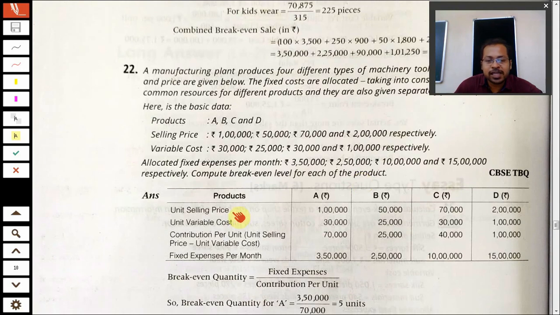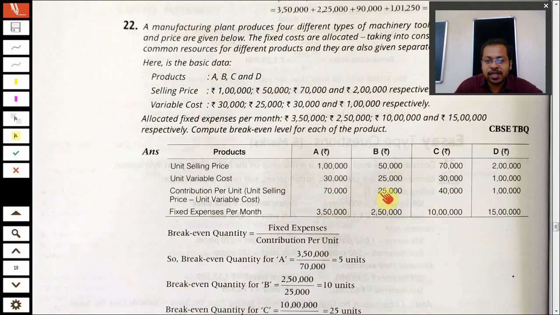Now the question is very easy. We have selling price. From this we minus variable cost and we get contribution which is 20,000, 25,000, 40,000 and 1 lakh. And they have also given fixed expenses per product. Okay. So actually we have to do the single commodity calculation 4 times.